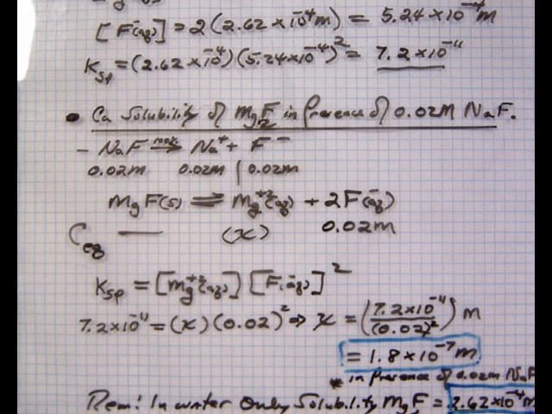So there's a significant drop, 10 to the minus 4 to 10 to the minus 7 in the common ion.